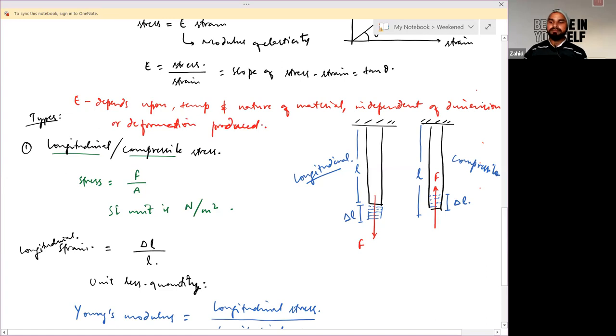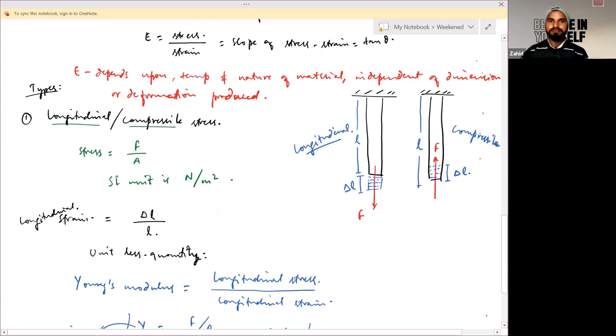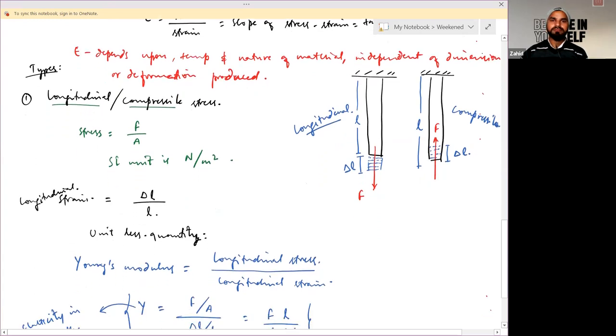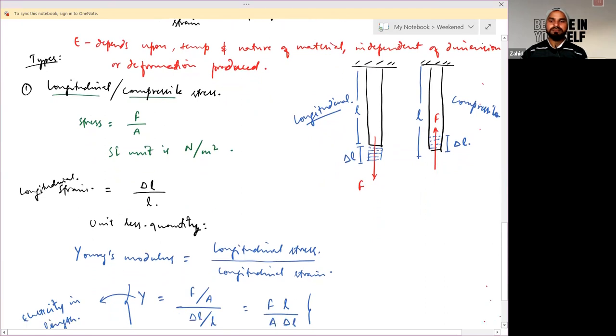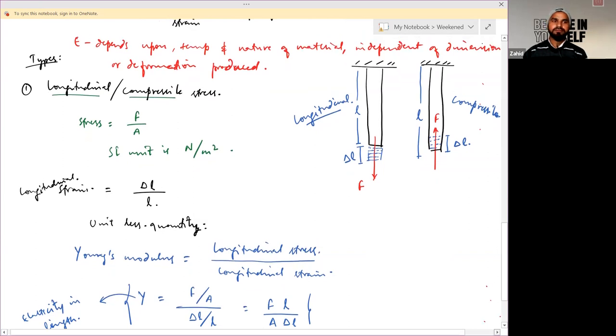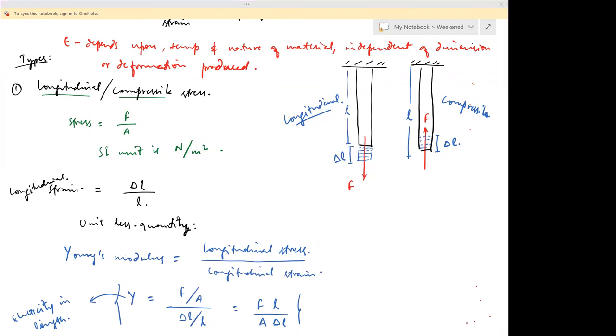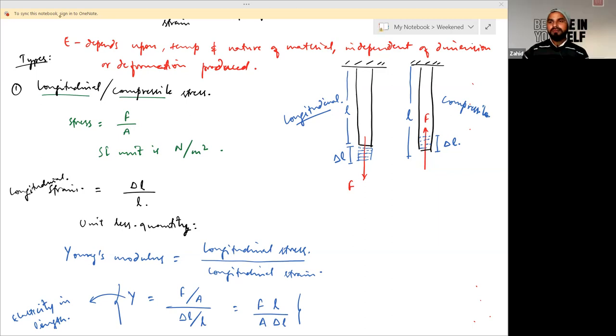Is it clear? Yes, sir. Just write it down, this part. Done, sir.